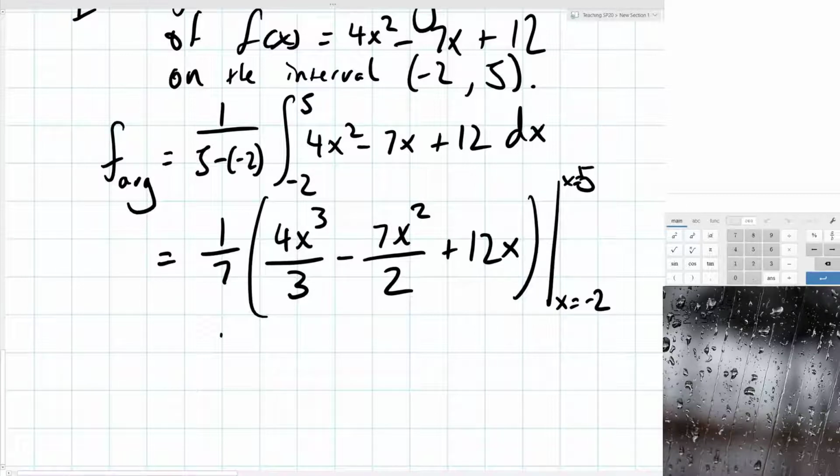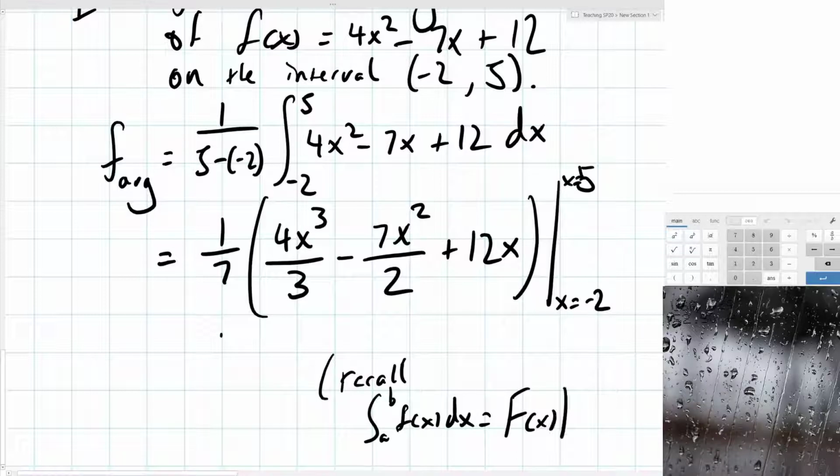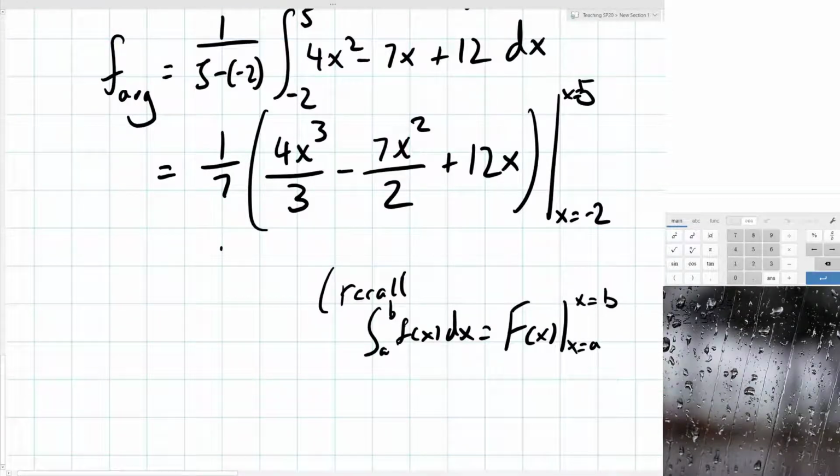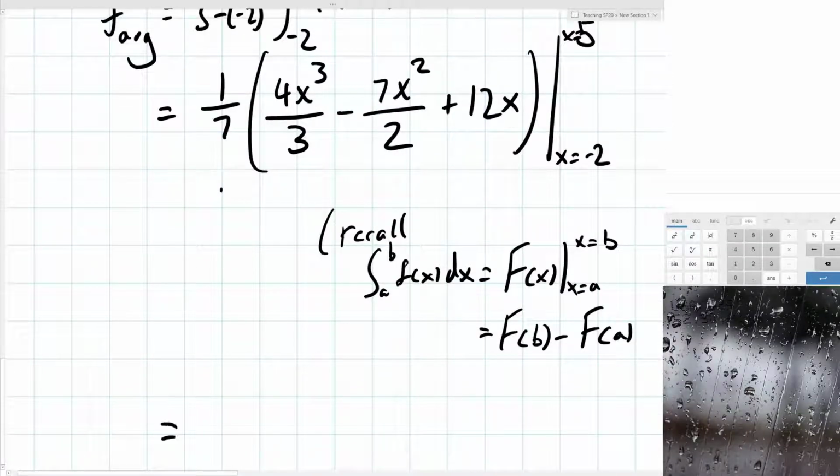So remember that to evaluate definite integrals, we're using the fundamental theorem of calculus. Recall the integral from a to b of f of x dx is equal to big F of x from x equals a to x equals b. And this bar notation just stands for big F of b minus big F of a. We're evaluating it at the upper bound and at the lower bound and then subtracting the two results. So let's plug in some values.